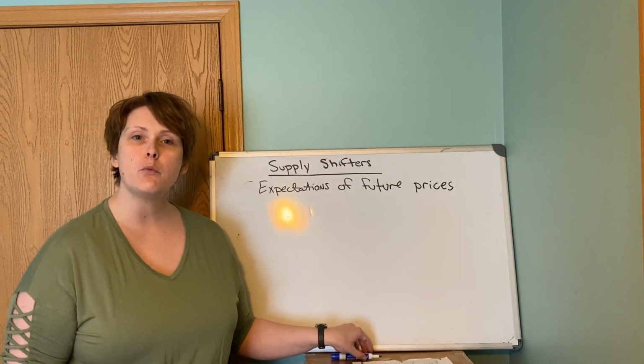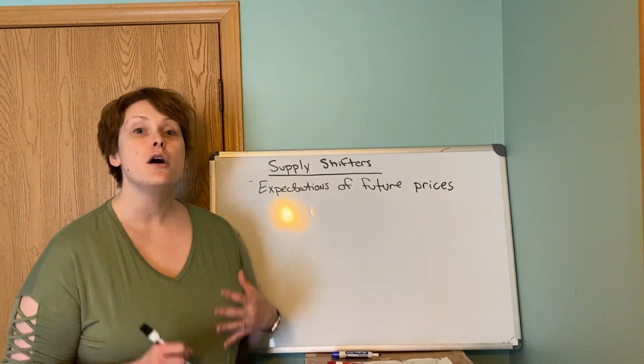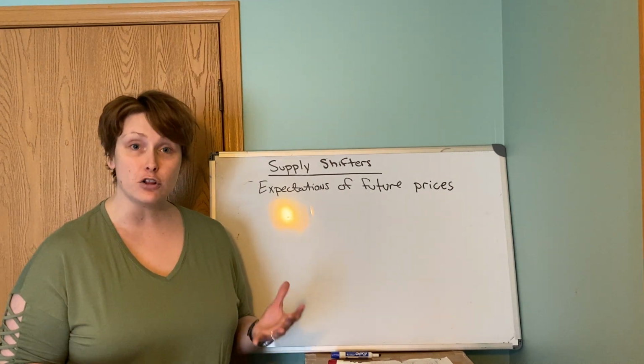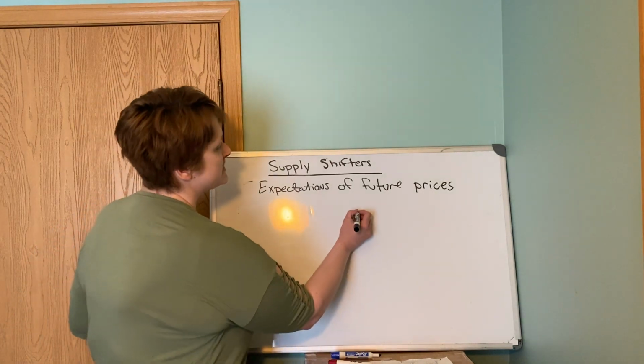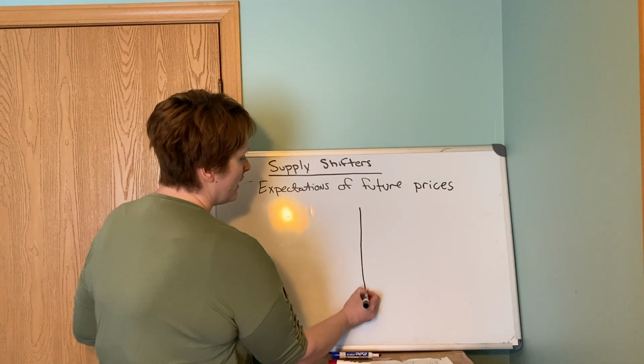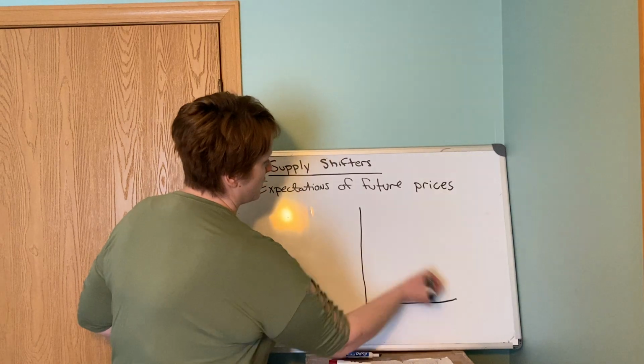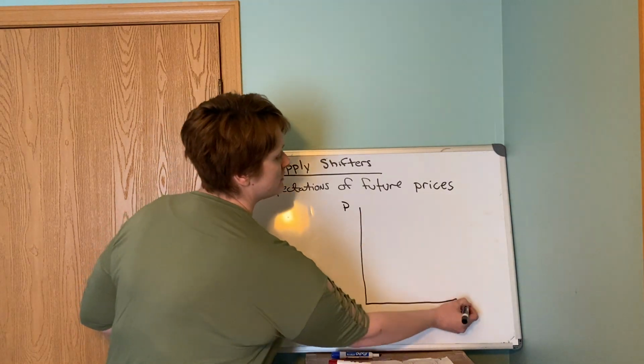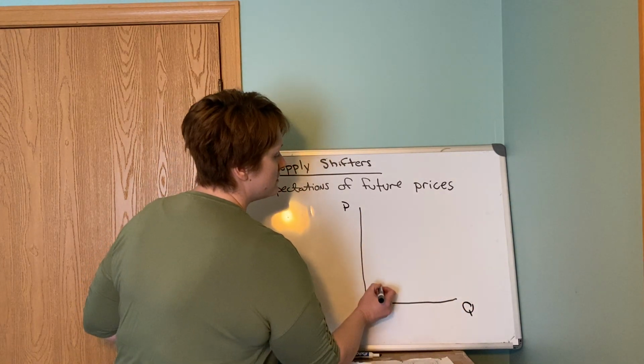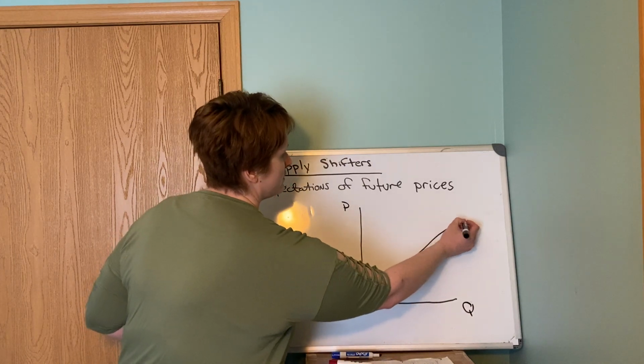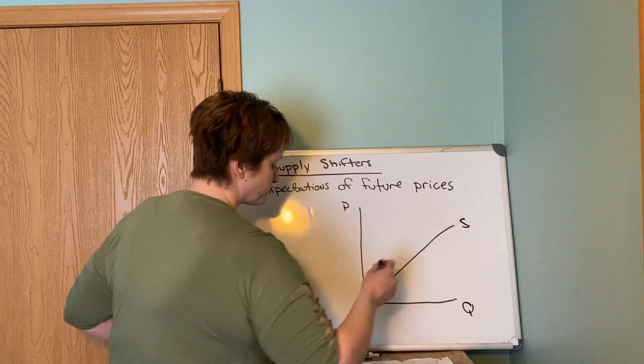And the scenario I want us to think of is shopping at retail clothing stores. So let's take a look at how this might work. Price vertical, quantity horizontal, upward sloping supply curve.